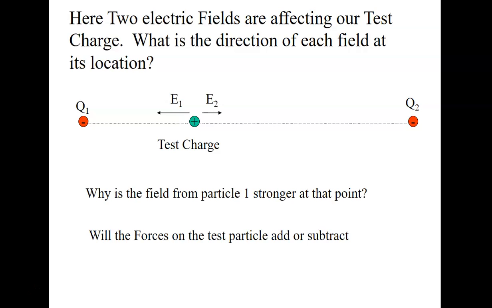Okay. Now, are these field vectors going to add or subtract? They're going to subtract because they're in opposite directions. Okay. And what we'd be left with is our net electric field after we calculated the electric field E1 and calculated the electric field E2. Once we subtract those, we'd be left with our net electric field vector. Okay.